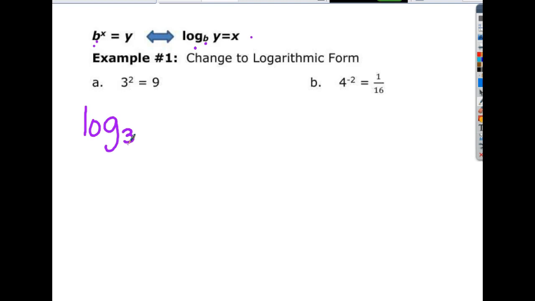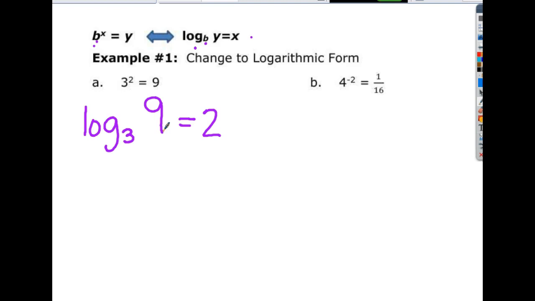And then the exponent, what's the exponent here? That's what the log is equal to. And then the 9 goes here. And you say that log base 3 of 9 equals 2. It's just following the rule. That's all it is.